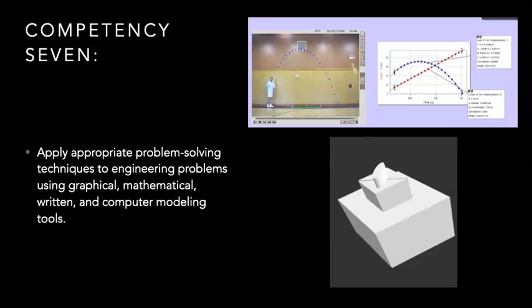It was really cool to be able to use these software tools, especially Logger Pro, and apply them to different engineering things, because this was my first engineering class that I'd ever taken, and it was cool to dip my toe in the water with that when doing this competency.